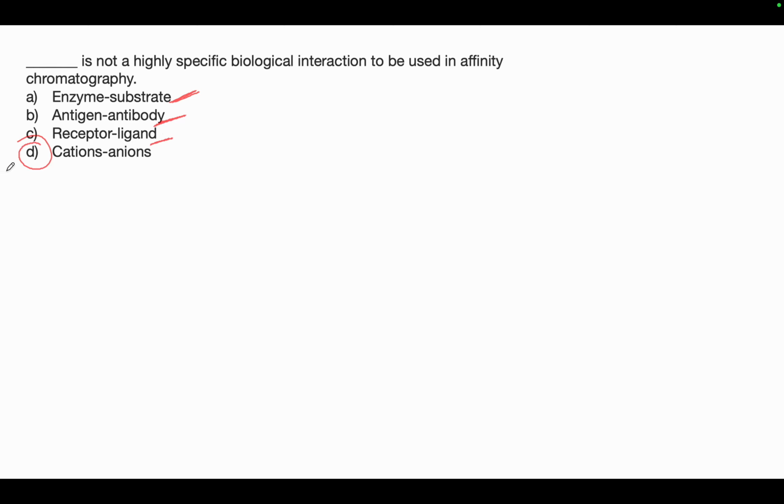Cations anions is not that specific because Na plus will also react with Cl minus, as well as NH4+ can also interact with Cl minus, so it won't be that specific. Any positively charged cation will react with a negatively charged anion, so it's not specific. That's why ion exchange chromatography is less specific than affinity chromatography.